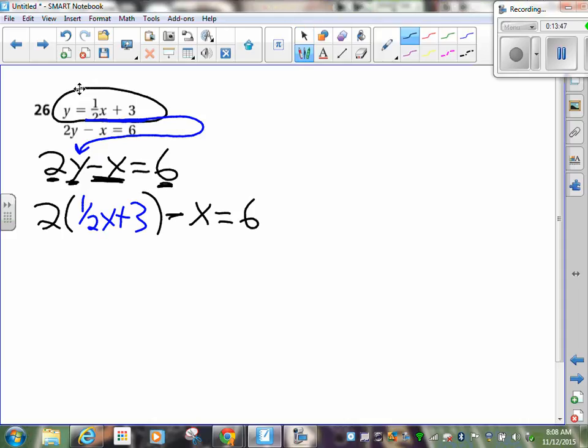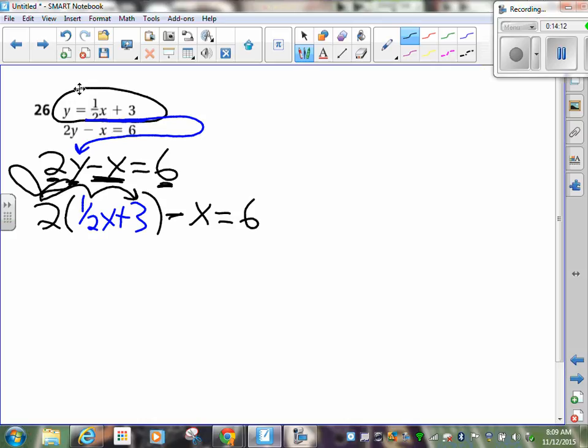Now, I have a number next to parentheses. Yes. Distribute. Again, don't forget about the rabbit hopping and multiplying. Yes, it's goofy, but I like to do a little goofy reminder. Hopefully, if you don't remember the keyword distribute, maybe the rabbit will come to you and say, hop and multiply. That's what we've got to do.